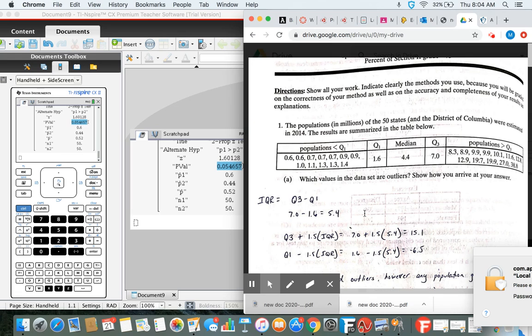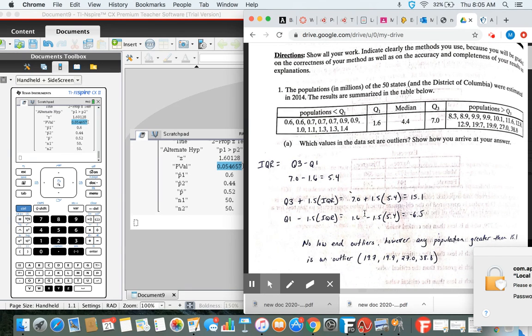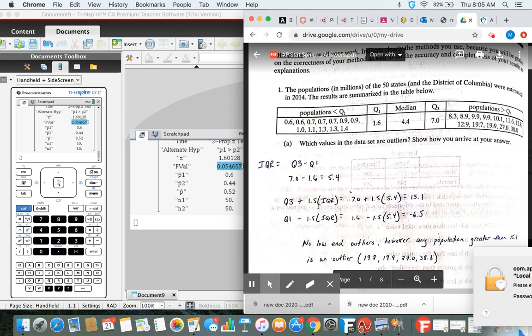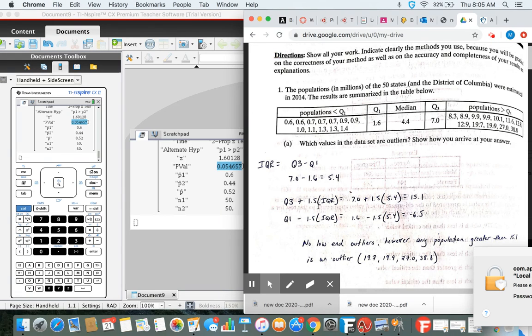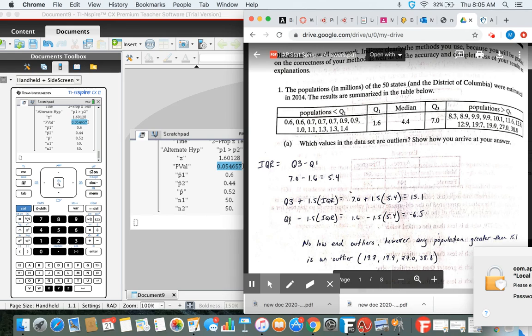So to find an outlier by hand, it's the rule where we first find the IQR. So take the difference between Q3 and Q1, and then you're going to use Q3 plus 1.5 times the IQR. At the same time, also do Q1 minus 1.5 times the IQR, and you're basically setting boundaries. Any observation that's above 15.1 or that's below negative 6.5, anything that's on the outside of those would in fact be an outlier.